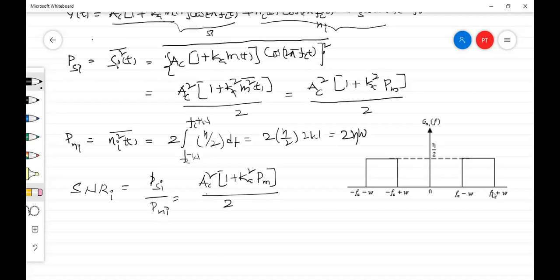And after substituting 2 eta W, it becomes 4 eta W.